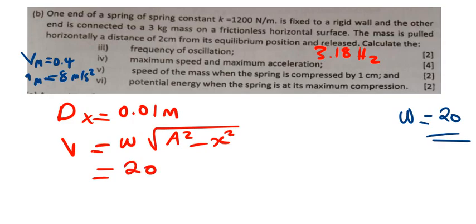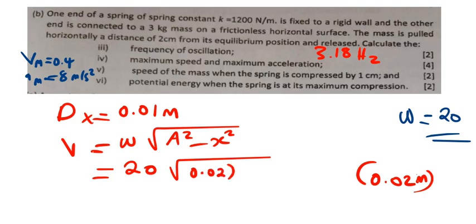Then the amplitude is 2 centimeters, which is the same as 0.02 meters. So we have 0.02 meters squared minus the compression x, which is 0.01, squared. This is how we are going to solve it.